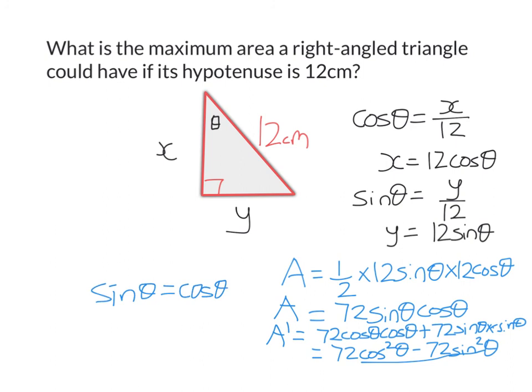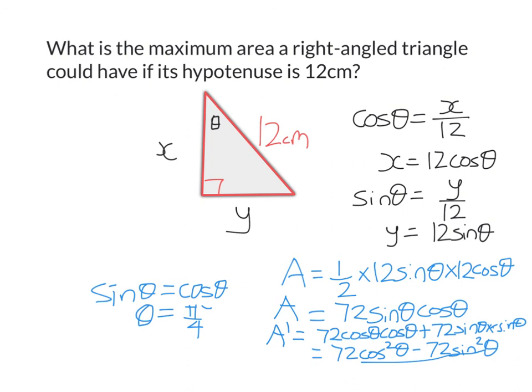If sine theta equals cos theta, then these two terms will be equal and the derivative will be 0. Hopefully you know that this happens when theta is equal to pi on 4 radians or 45 degrees. Sine pi on 4 or sine 45 degrees is 1 on root 2. Cos of pi on 4 is equal to 1 on root 2.